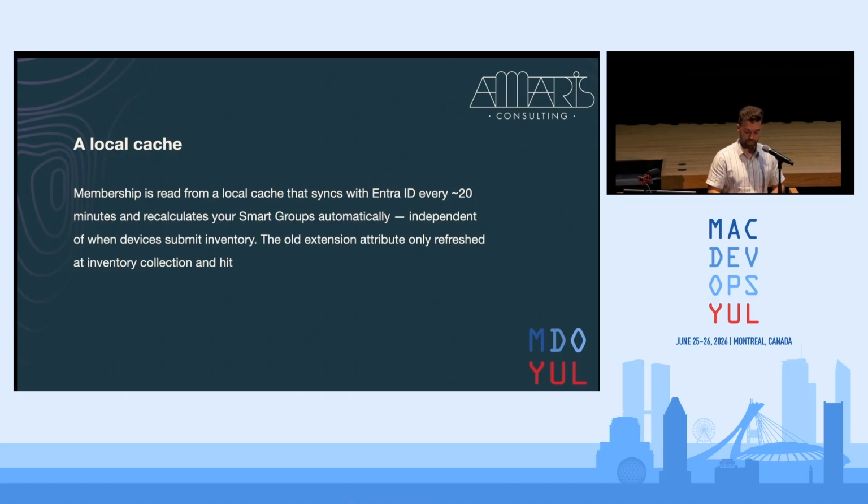So that's pretty neat, and it's going to give you accurate results faster. When you make a change on the Entra ID side, and you'd like it to reflect right away, you don't have to force an update inventory, you just wait 20 minutes and it does it itself automatically.